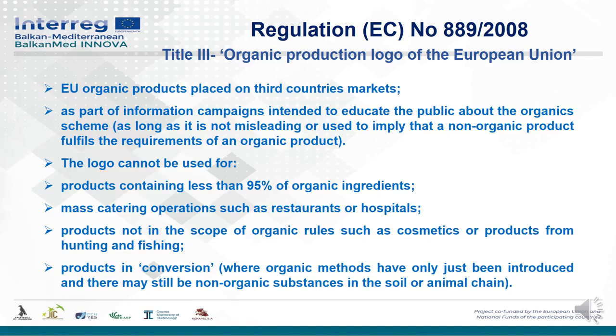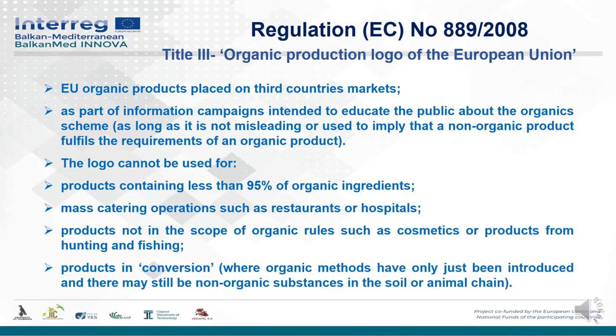When the logo is not allowed to be used: the logo cannot be used for products containing less than 95% of organic ingredients. What does it mean? That an operator has the right to put the EU logo when its product contains at least 95% organic ingredients.